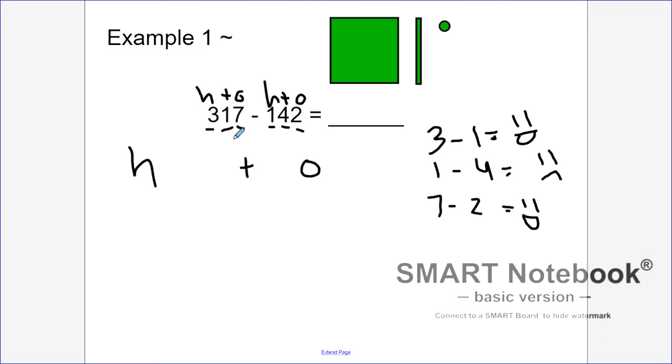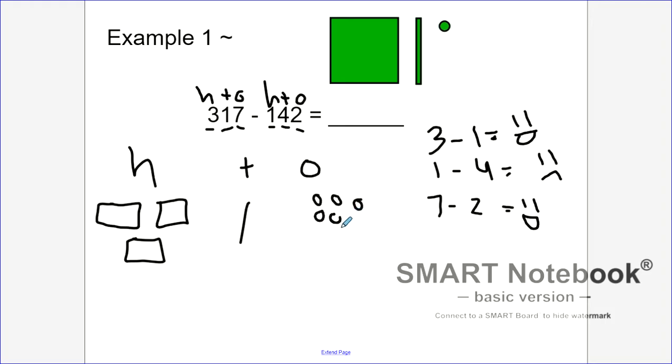When we get to the tens, we're going to have to do something special with the tens to solve the problem properly. I draw my hundreds as 300. And I have one lonely little 10 all here by itself, and 7 ones. We drew the number 317.